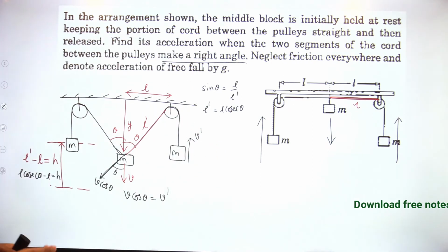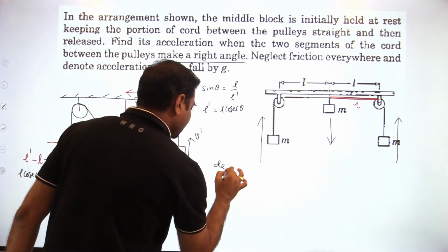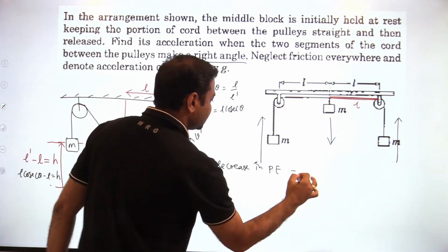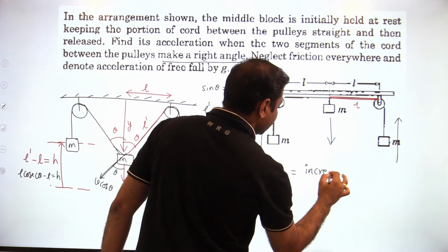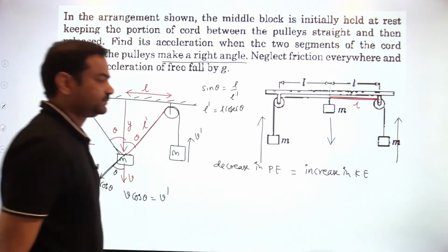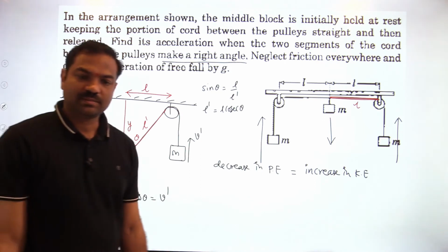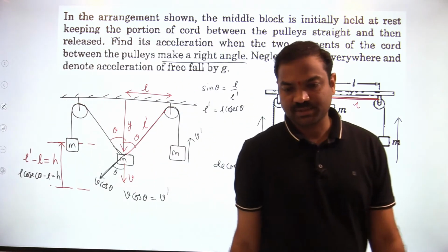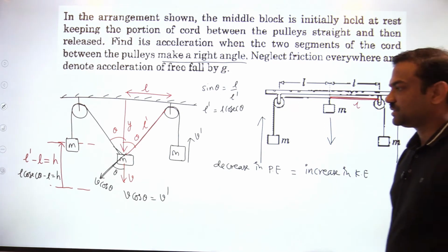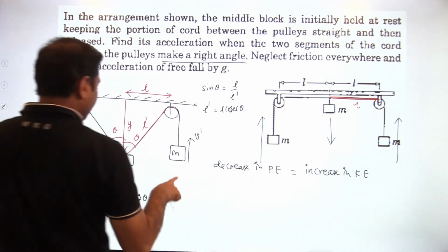Now let us go with that. So I can write decrease in potential energy of the system is equal to increase in kinetic energy of the system. What is the decrease in potential energy value? Obviously decrease should be more than increase.